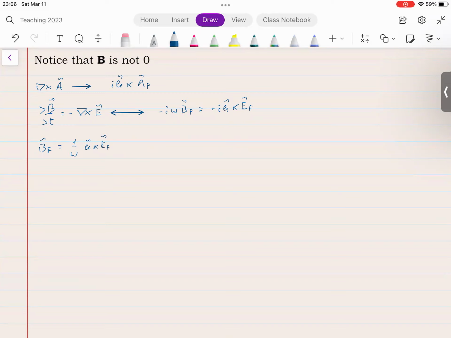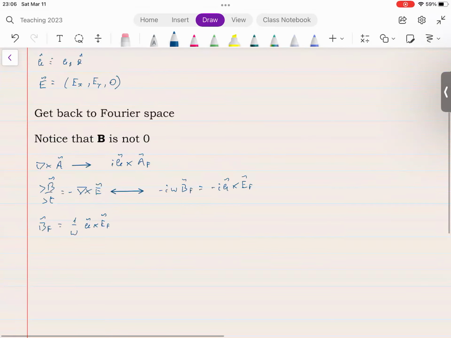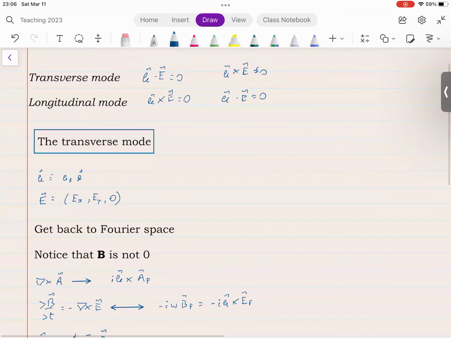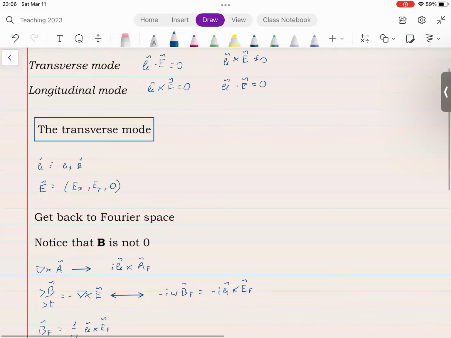Okay, back to our transverse mode. You will remember, since we just said it a few minutes ago, that K dot E is 0 in this case.